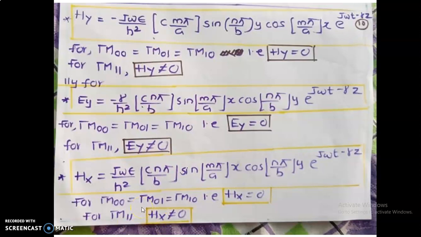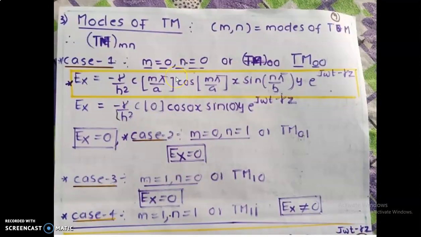So once you cross 1 1, let us say 1 2, 2 1, 1 3, 3 2, 3 1, 2 3, for all values it will exist. So now the conclusion is that from 1 1 onwards only the TM mode exists. So how can you say, for existence of TM modes you have to find Ex, Ey, Hx, Hy, then you substitute the m and n values.